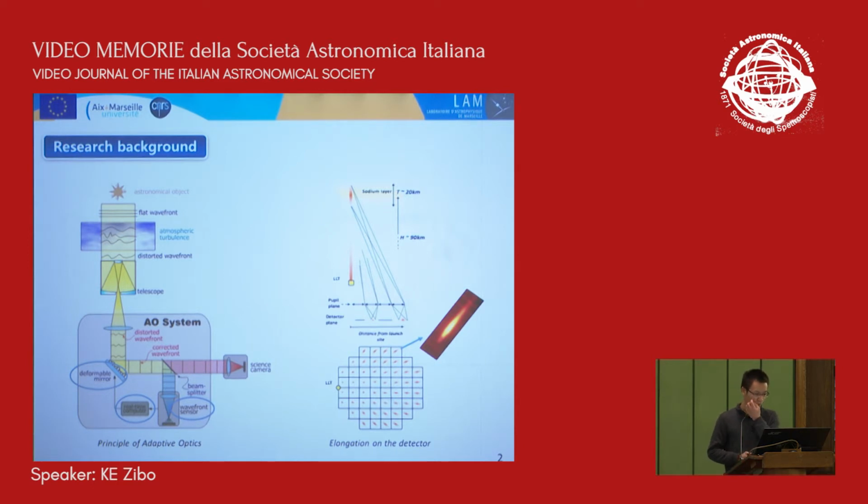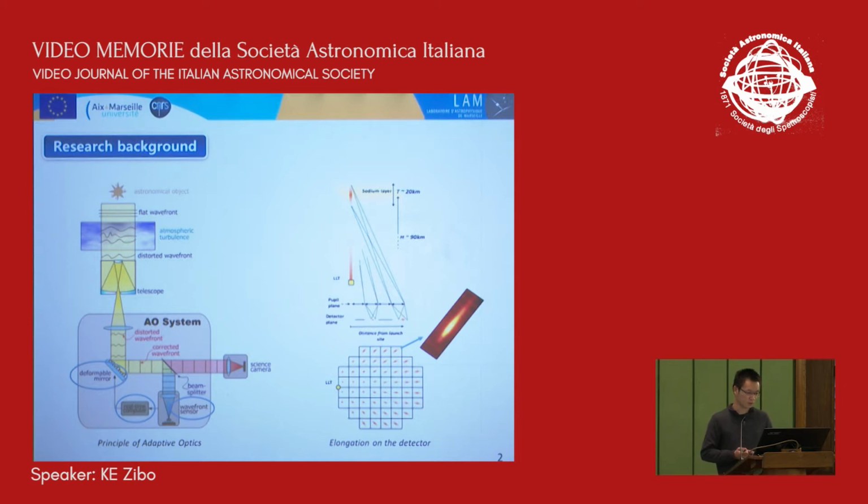So how to measure the wavefront is one of the most important components in the AO system. When measuring the wavefront, we need sufficient photons to get a higher signal to noise ratio and to keep the estimation error low.